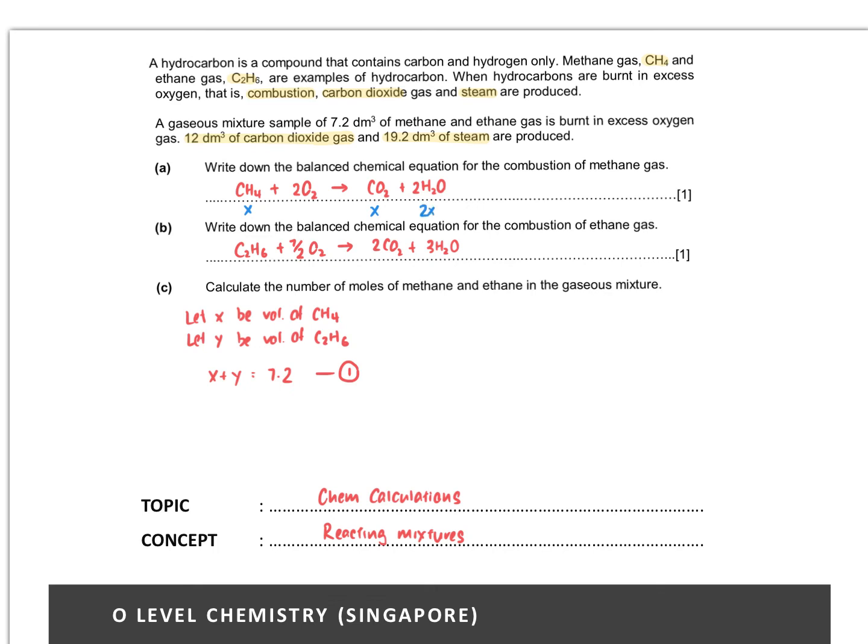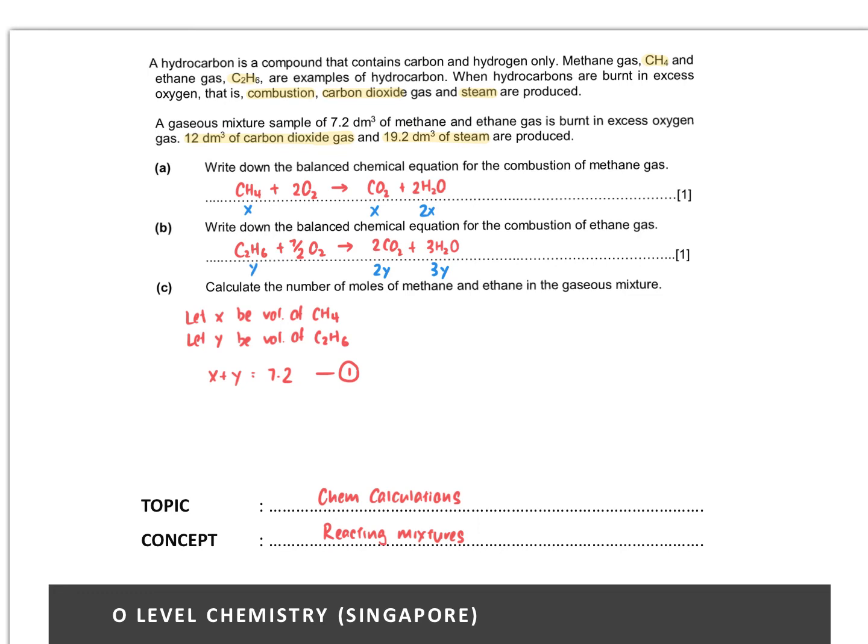Remember when we are comparing gases, mole ratio is equivalent to volume ratio. Similarly, for the equation in part B, Y volumes of ethane, on reacting, will give us 2Y volumes of carbon dioxide and 3Y volumes of water.